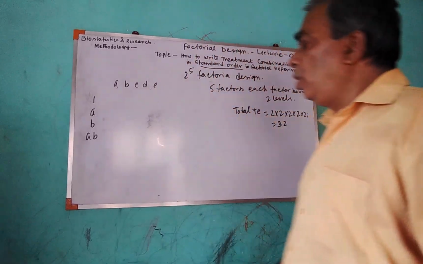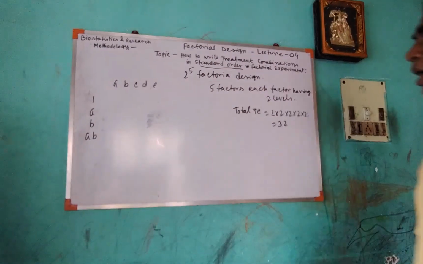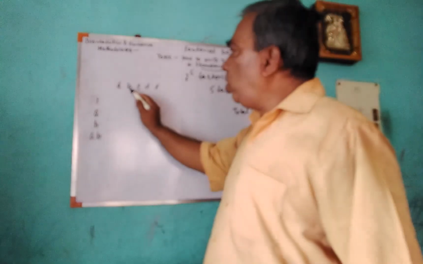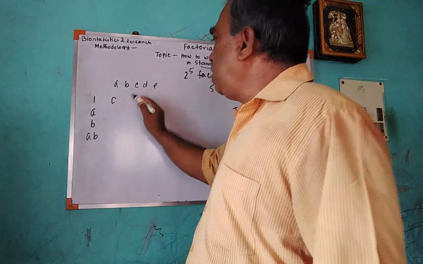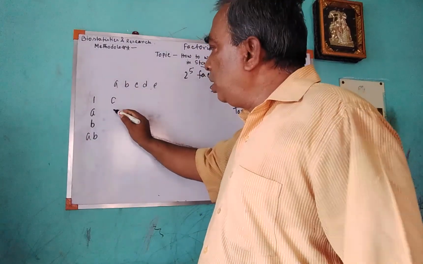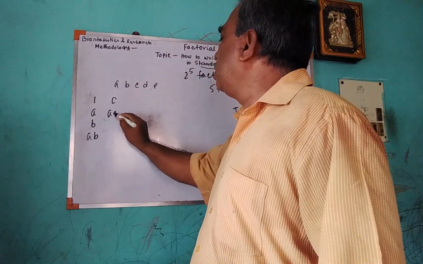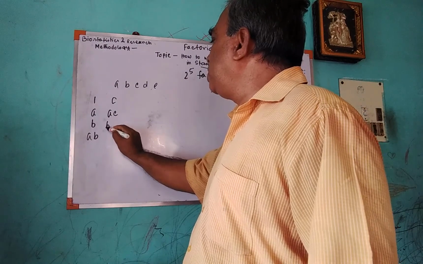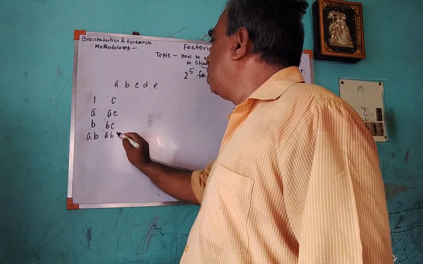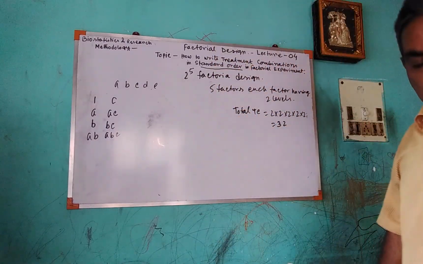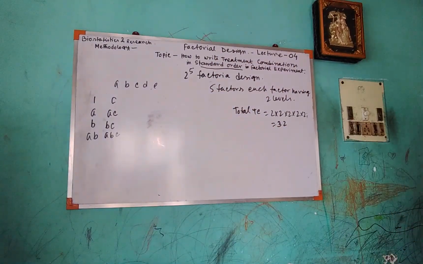Now multiply by C: C into 1 is C, C into A is AC, C into B is BC, C into AB is ABC. So C, AC, BC, ABC.